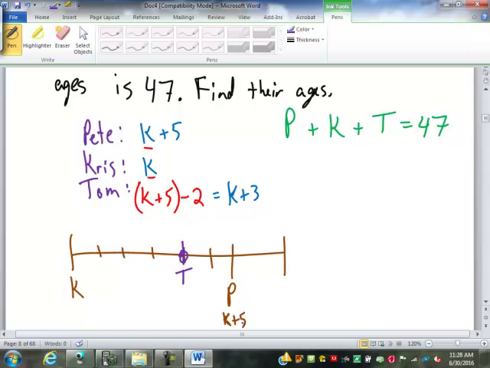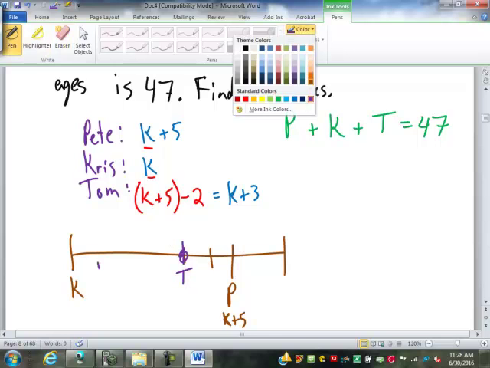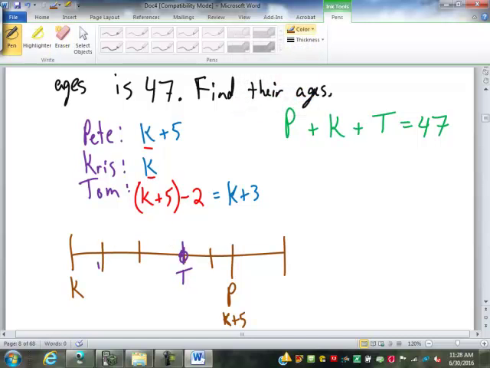I put way too many lines in there, didn't I? Let's redo that for a second. Sorry. There. So 2 years younger than Pete is still 1, 2, 3 years older than Chris. So it's K plus 3.